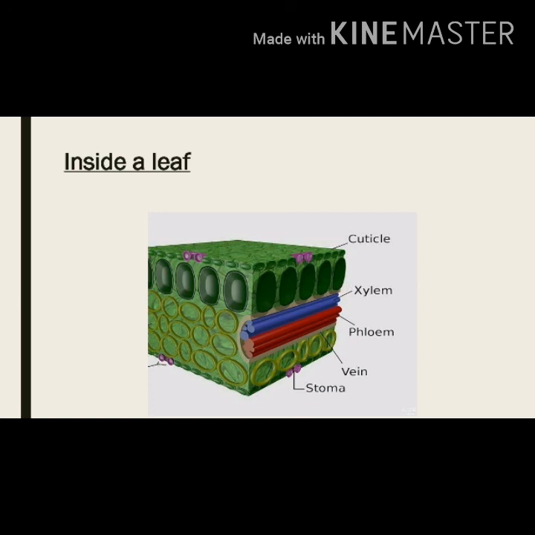Phloem tissues are for the movement of sugar from the leaves to the rest of the tree or plant. Veins in a leaf are made of xylem and phloem. The tiny holes at the bottom of the leaf are known as stoma. Lots of holes are called stomata. Stomata let gases get in and out from the surrounding air.